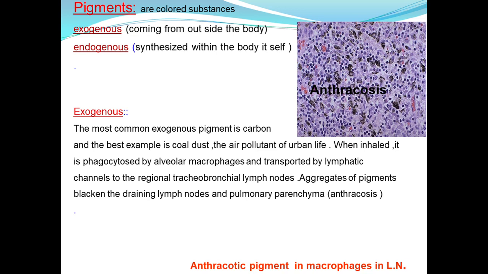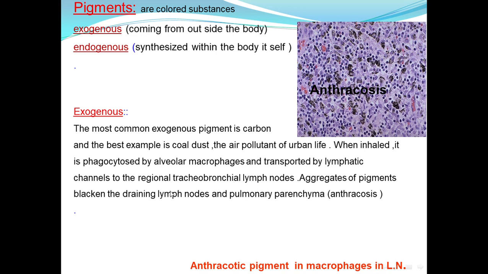First, we will speak about the exogenous pigment. The most common exogenous pigment is carbon, and the best example is coal dust, the air pollutant of urban life. When inhaled, it is phagocytosed by alveolar macrophages and transported by lymphatic channels to the regional tracheobronchial lymph nodes.